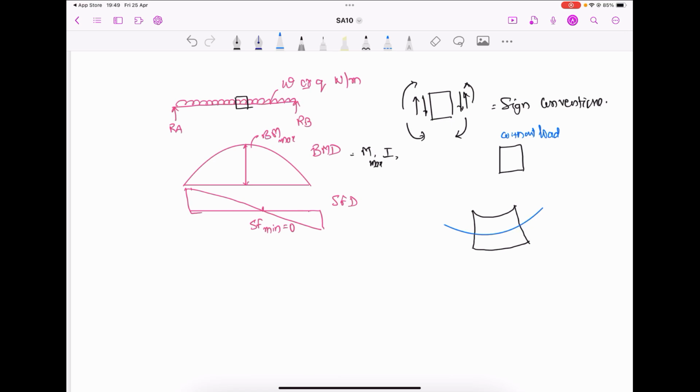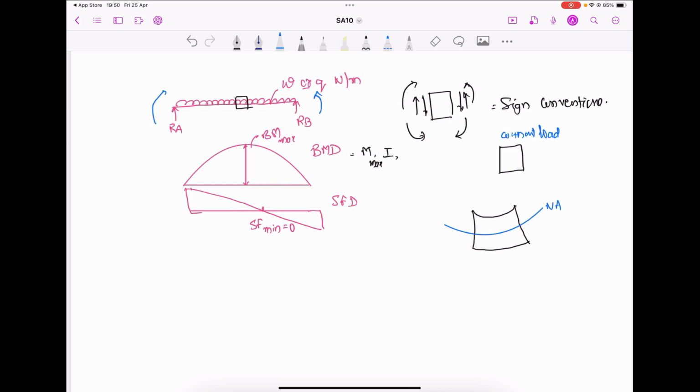Because of the bending moment, that beam is bent, and it is concave on the upper side and convex on the lower side. That means the lower one is stretched and the upper one is reduced. The length is reduced. Here you see this is the neutral axis.